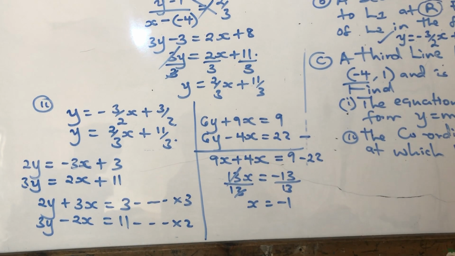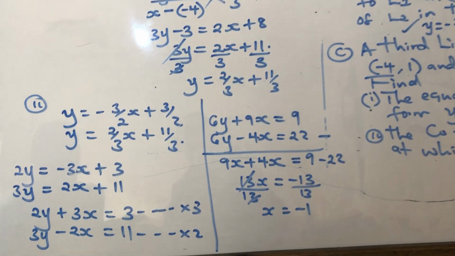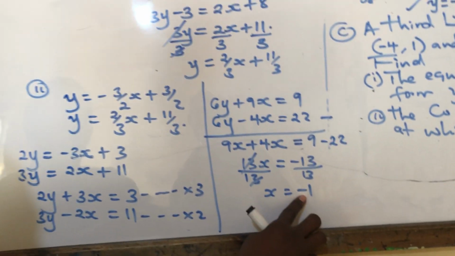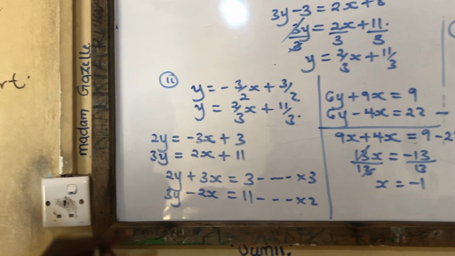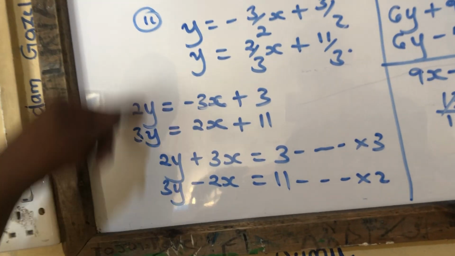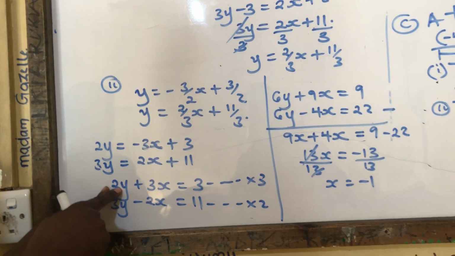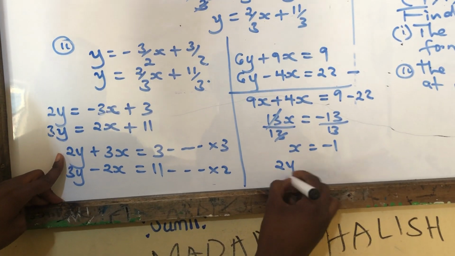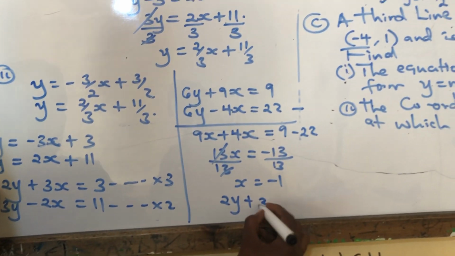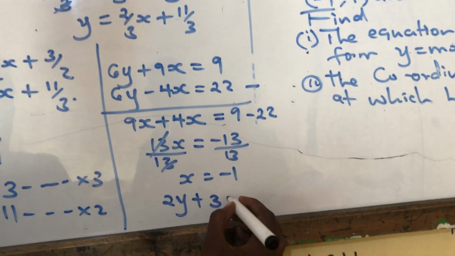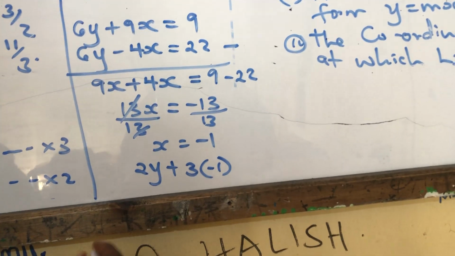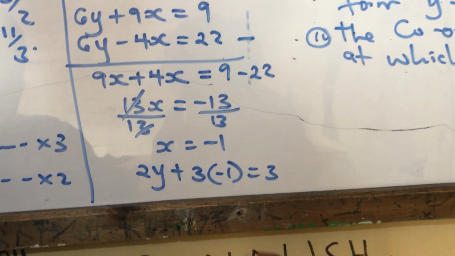How then will we obtain the value of y? The negative 1 will then be substituted in any of the equations. Let me go for this equation. 2y plus 3, in the place of the x you substitute negative 1, is equal to 3.